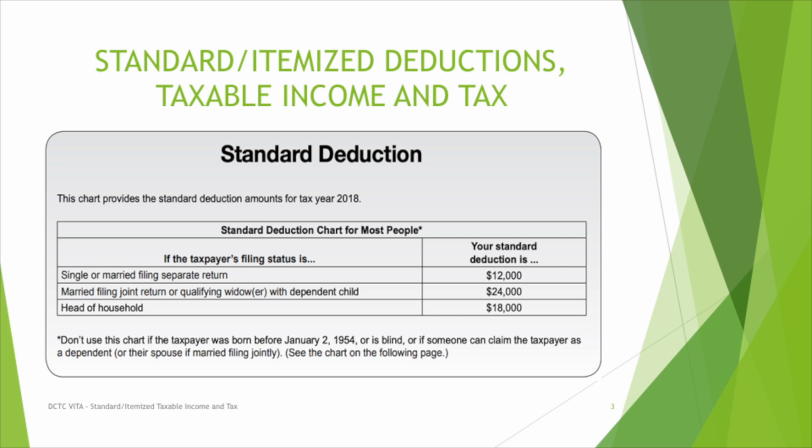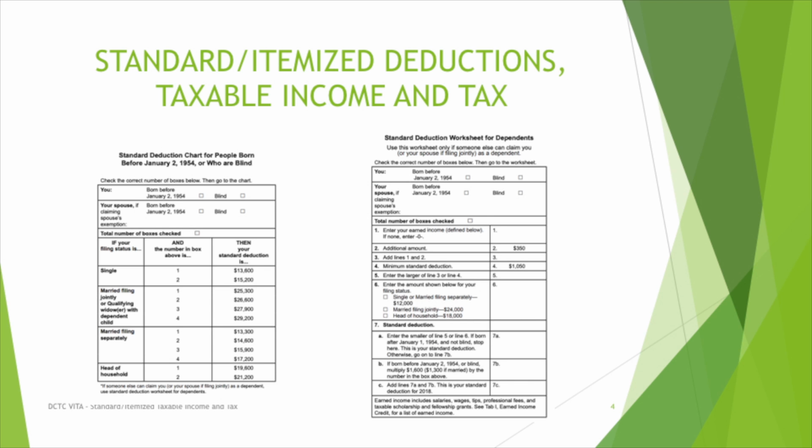You will notice the asterisk at the bottom of the chart. If those conditions exist, it directs us to another chart. The first chart you see, the standard deduction is higher for taxpayers born before January the 2nd, 1954, or who are blind. That is the chart on the left-hand side. The information would have already been input into TaxSlayer software way back when the date of birth was input from the Form 13614C, which was prepared by the taxpayer.